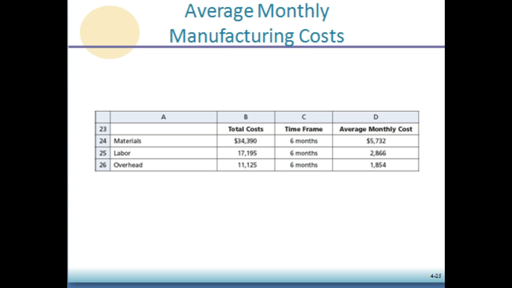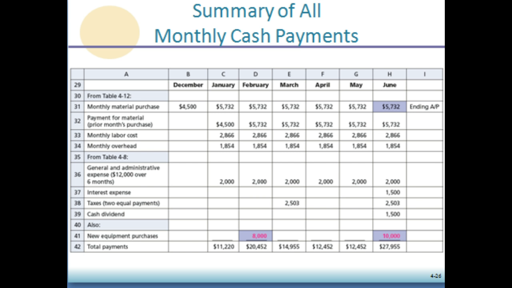Here is an example of the average monthly manufacturing costs for materials, labor, and overhead. And here is an example for your review that is a summary of all monthly cash payments.